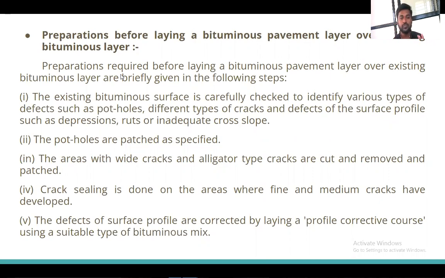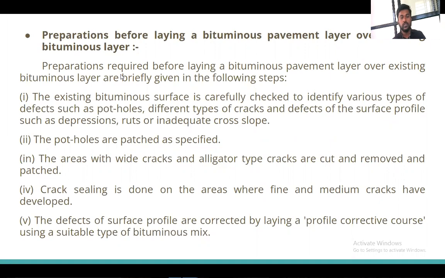We have to carefully see whether the material around that crack is loosened or good. If it is in good condition, then we can apply any crack fill method to fill that crack. If the material is loosened around that crack, then we will remove that material and go for the patch.